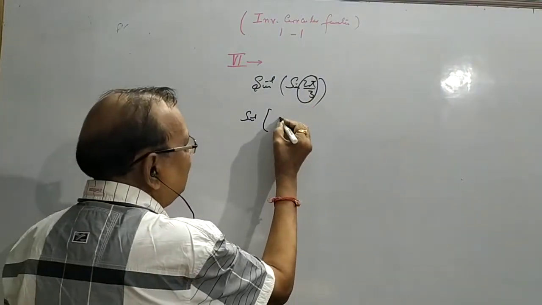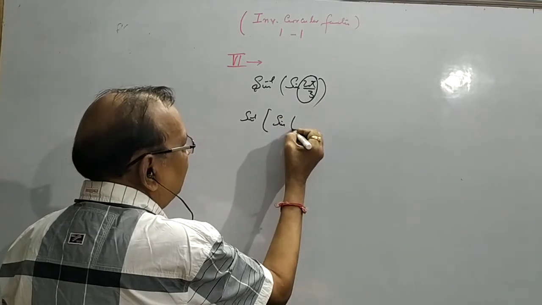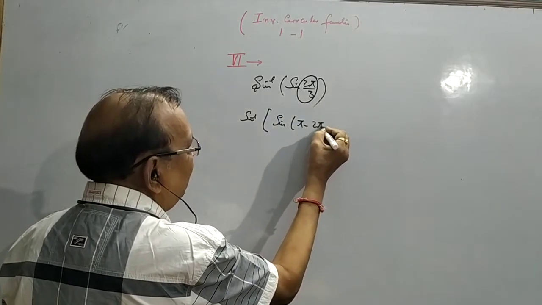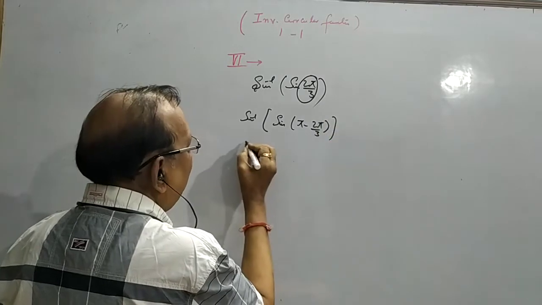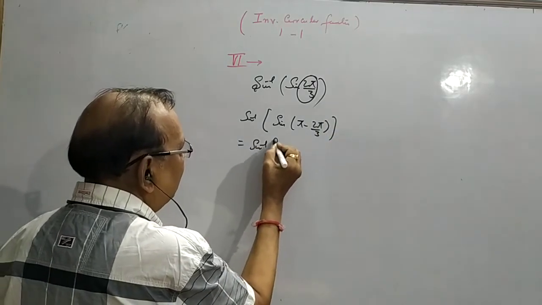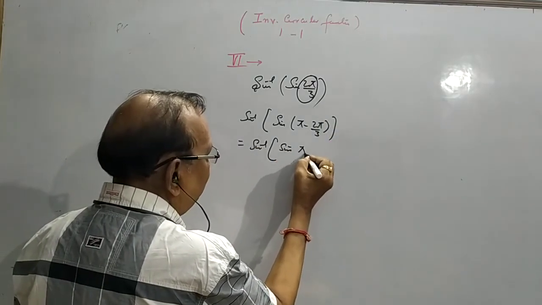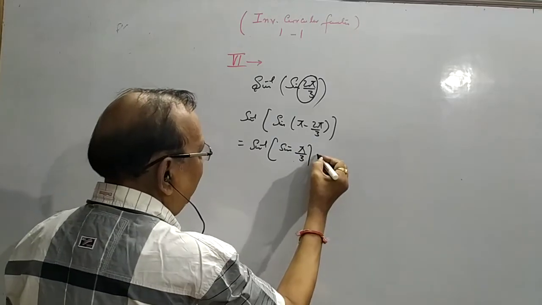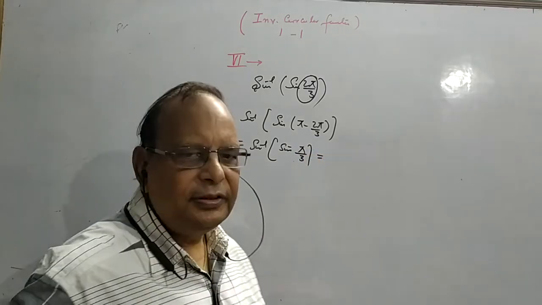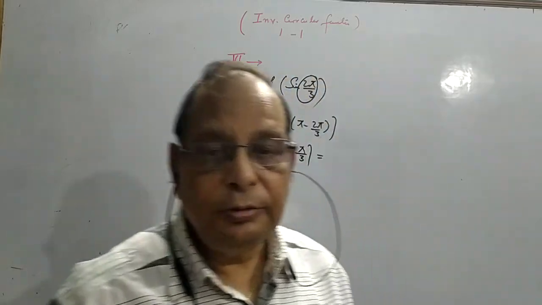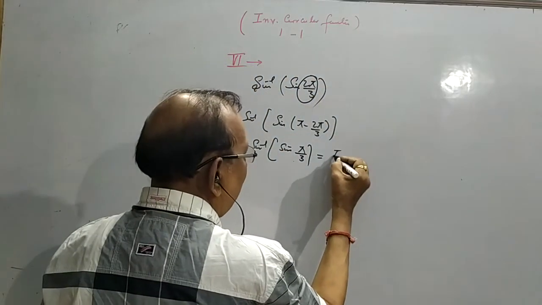Sin 2 pi by 3 is sin of pi minus 2 pi by 3. That is sin inverse sin pi by 3. And as it lies in principal value, that is equal to pi by 3.